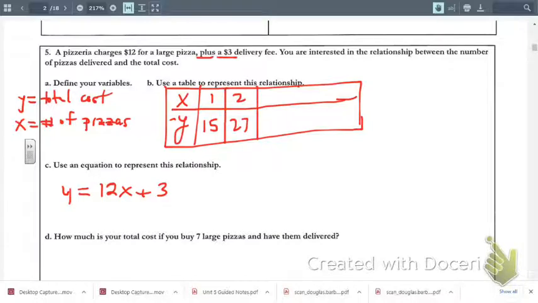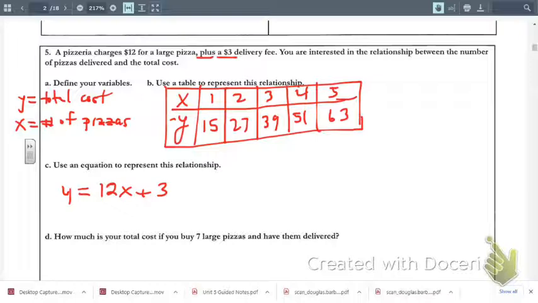Plug in 3, $39. And then plug in 4, $51. Plug in 5, you get 63. Alright, so there's the table to represent the relationship.